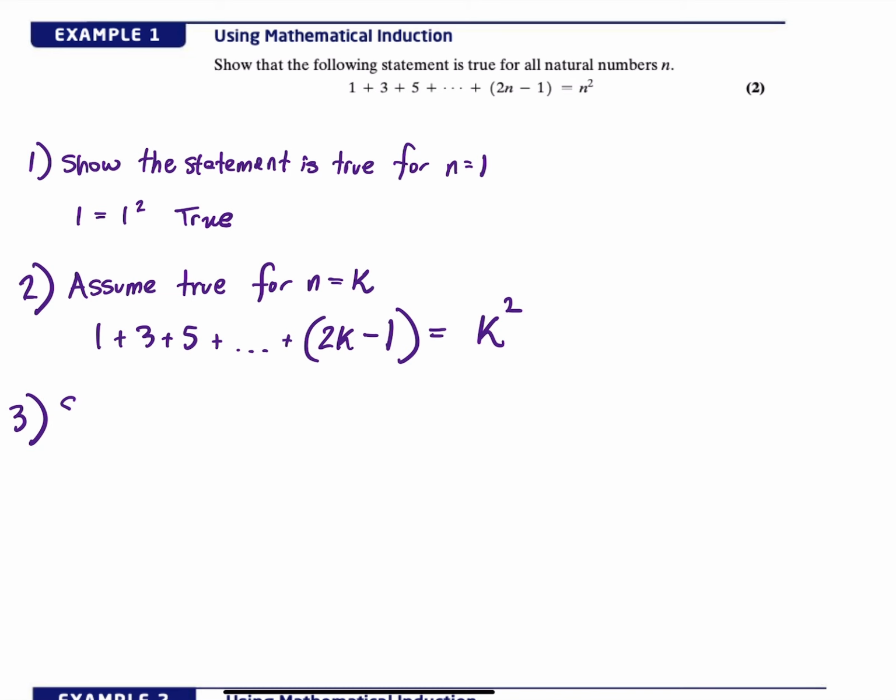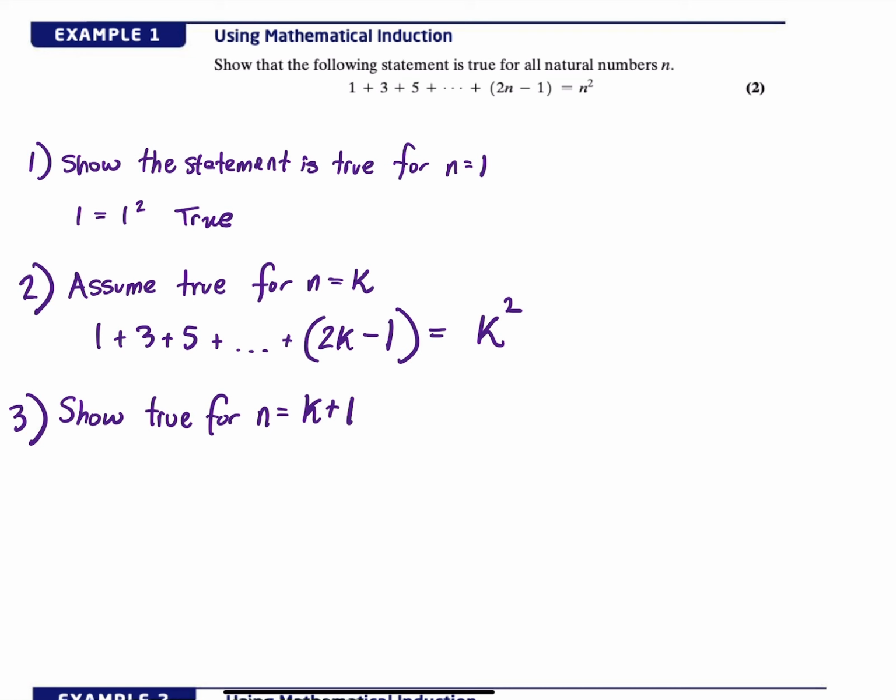So our third step now is to show that if it's true for n equals k, the statement is true for n equals k plus 1. So show true for n equals k plus 1, meaning 1 more than k. That's the next term in terms of the natural numbers.